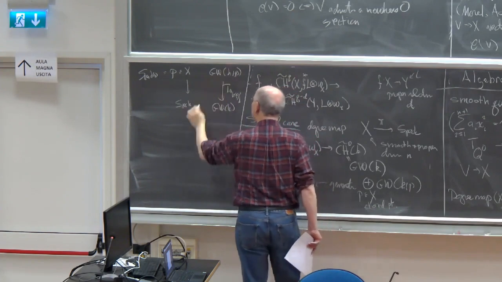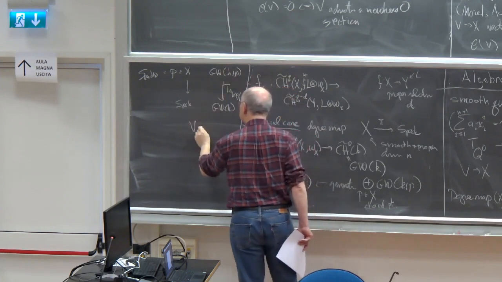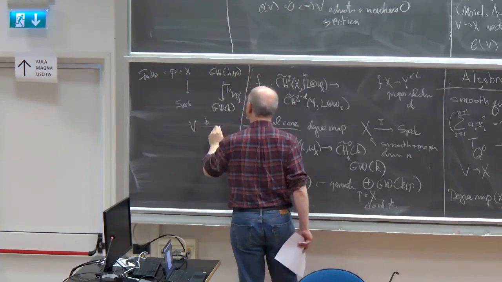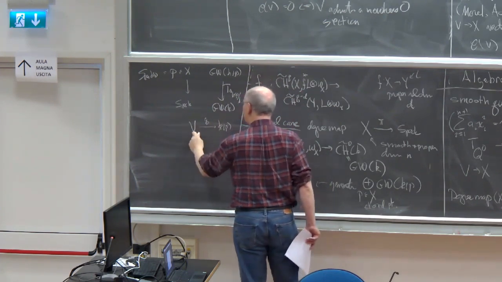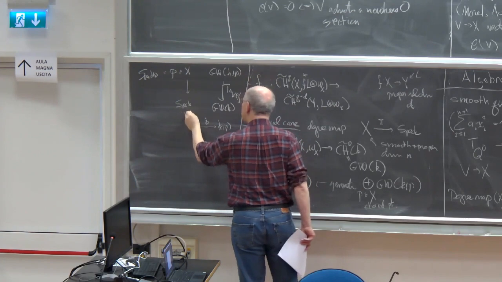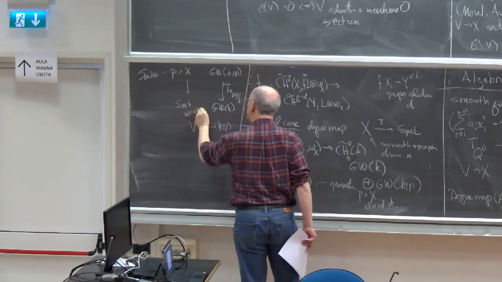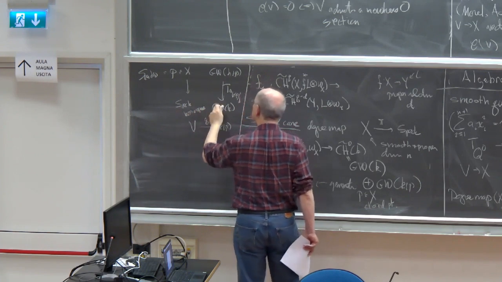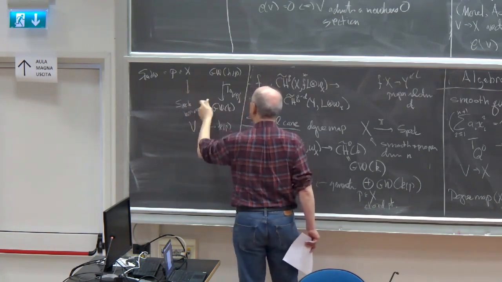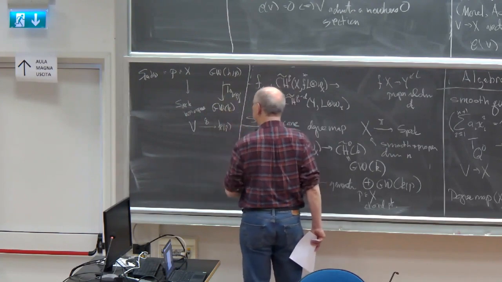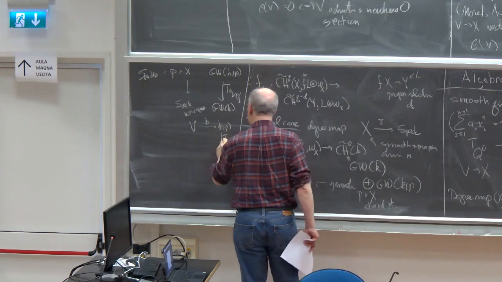So if you have a quadratic form on some vector space with values in K_P, this is some K_P vector space. Well, it's also a K vector space, right? Because K_P is a finite extension of K. And then you have the usual field trace.